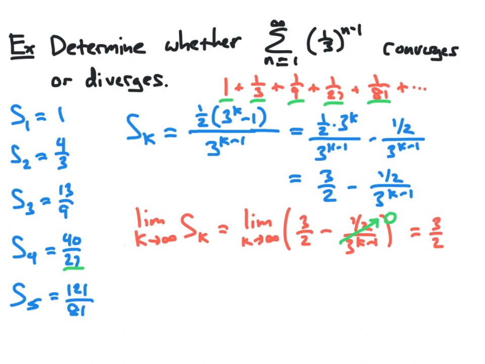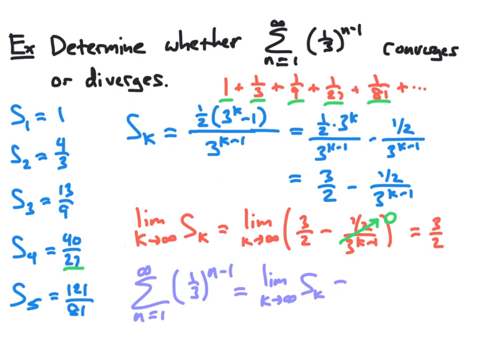And so what this means is, since the sequence of partial sums converges, and it converges specifically to the number 3/2, is that the sum n equal 1 to infinity of 1/3 to the n minus first power, by the definition that we just discussed, will be the limit as k goes to infinity of s sub k, which we just found to be 3/2.